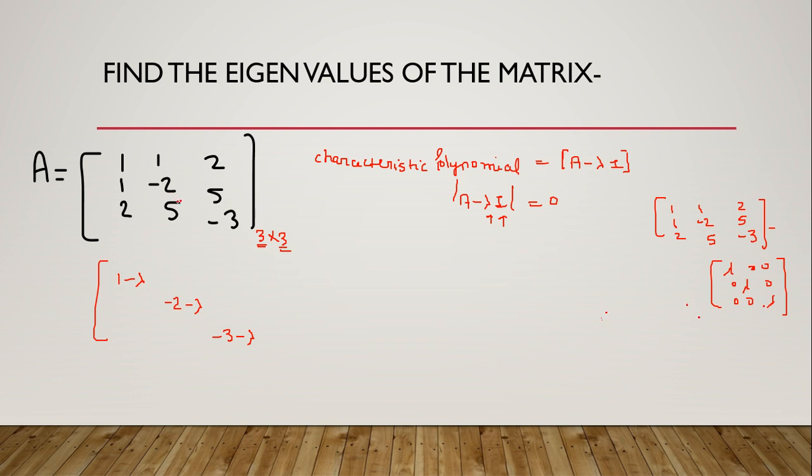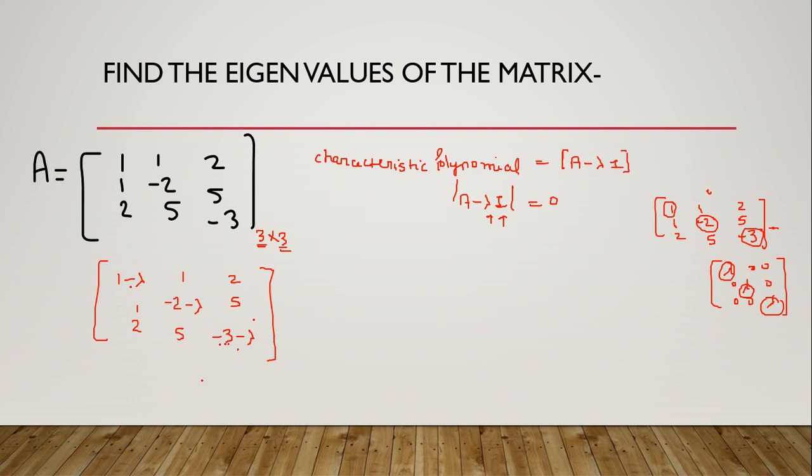So if you subtract this now, 1 minus lambda, minus 2 minus lambda, and then minus 3 minus lambda, correct? All the rest will remain the elements of the A matrix only. So let's write down all these off-diagonal elements, and this is the principal diagonal. So this is the matrix.